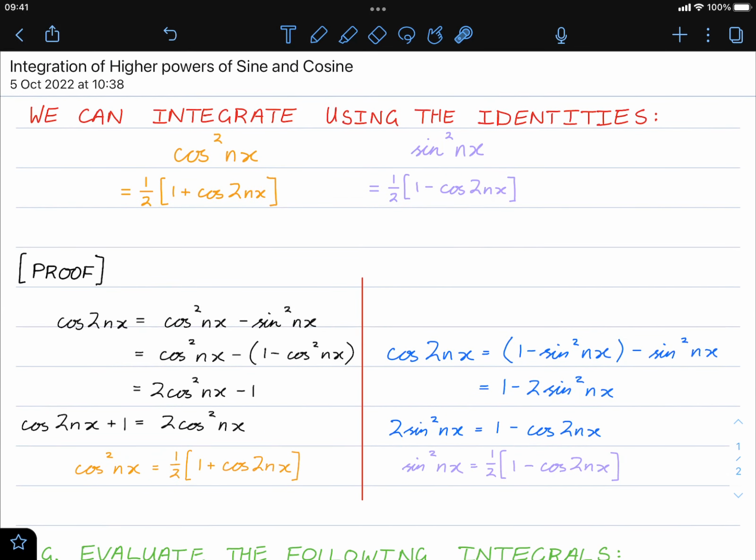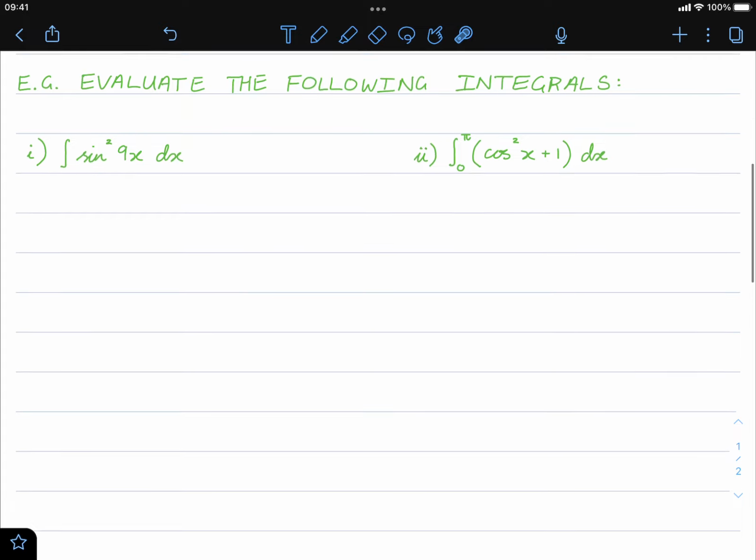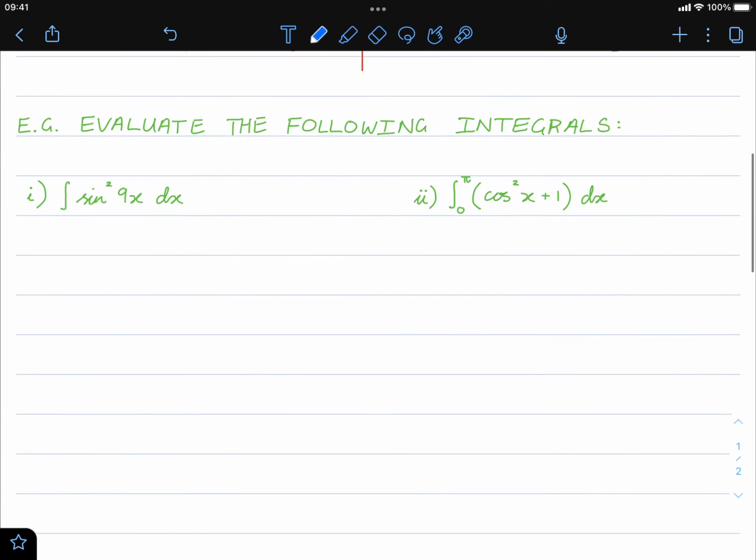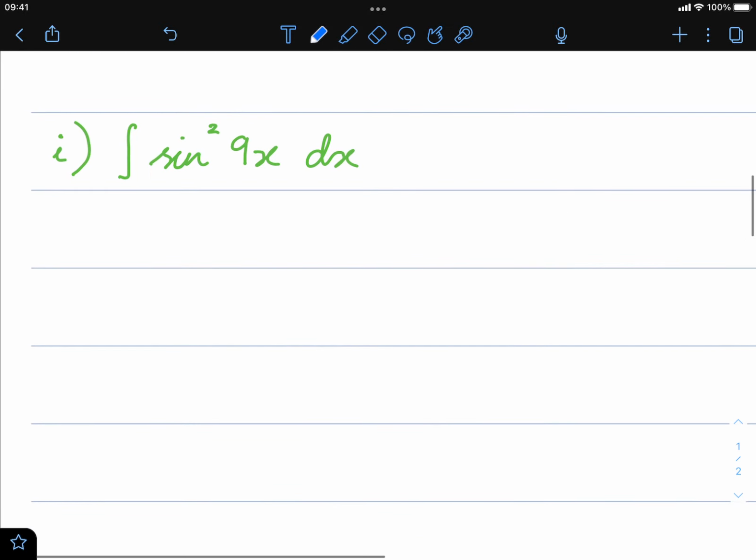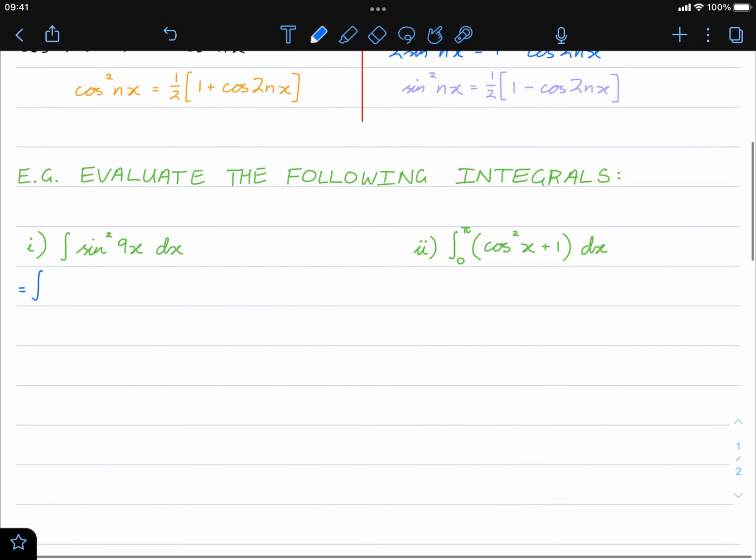Now with that simple proof out of the way, let's show a quick application of this. For this, we change our integral using the identity.